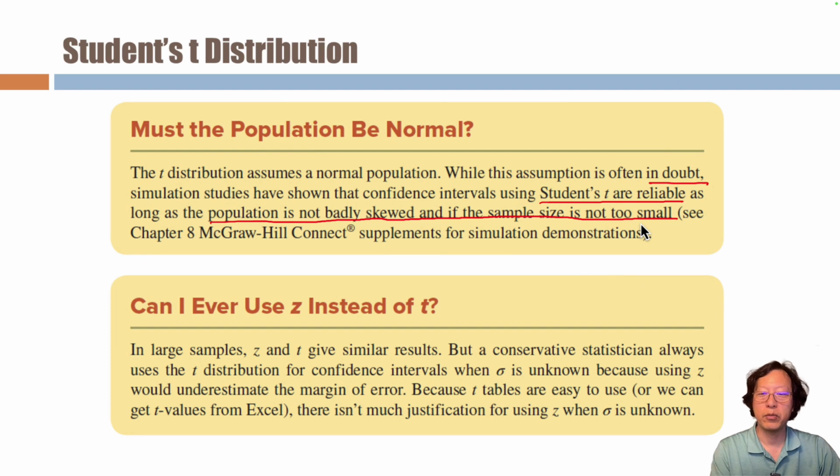When the sample size is large enough or the population is not badly skewed, then the Student t will be fine. So whenever sigma is unknown, you had better use the t value rather than z. There isn't much justification for using z when sigma is unknown.